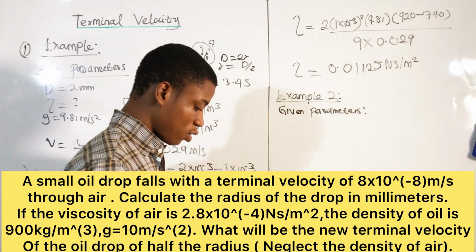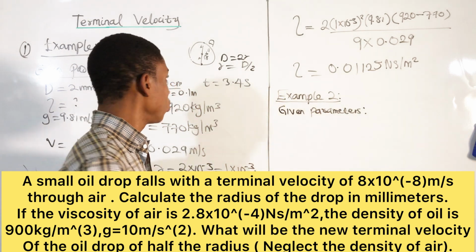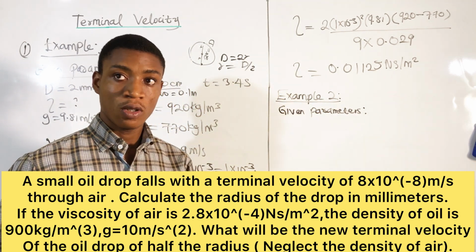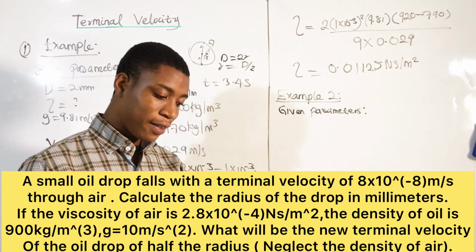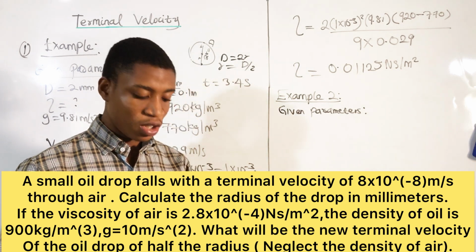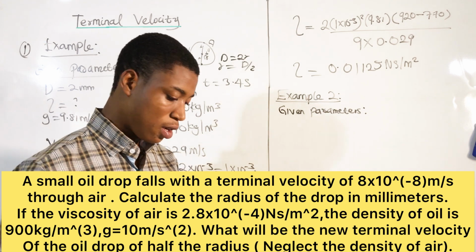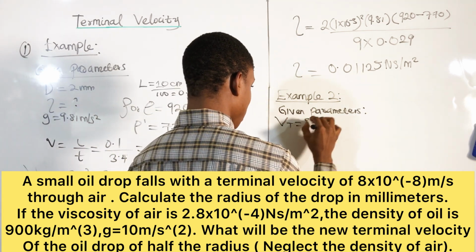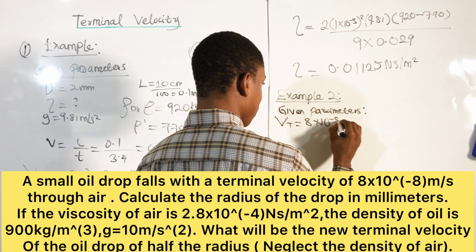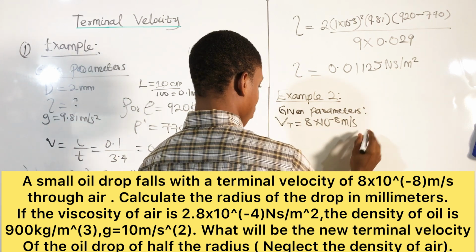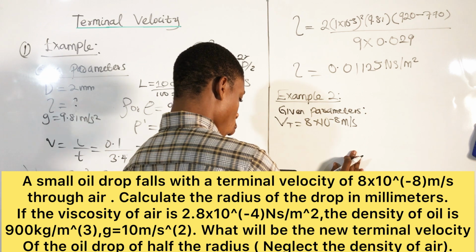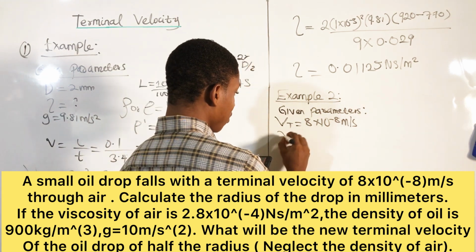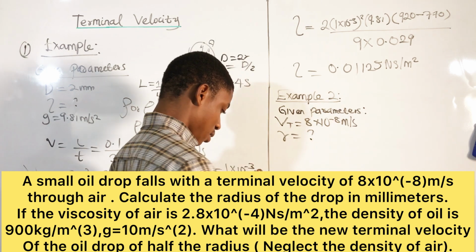If you look at the question, we have to determine our given parameters, which are the things that are given. So the first is the terminal velocity through air. We have terminal velocity Vt as 8 times 10 raised to the power negative 8 meters per second. And we are told we should calculate the radius, right?